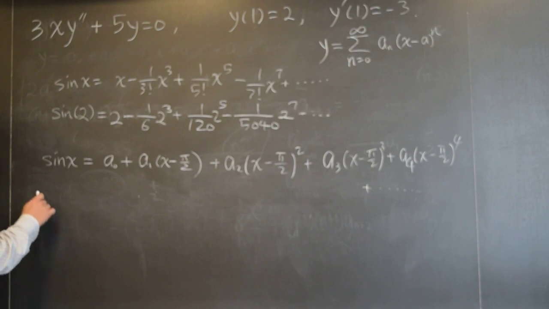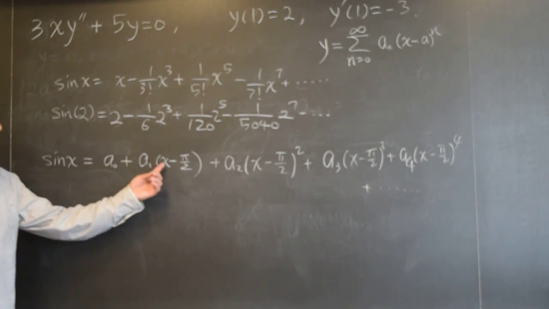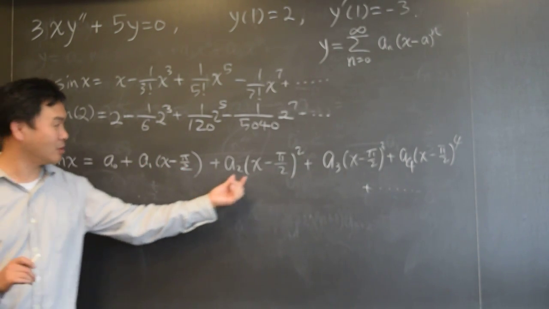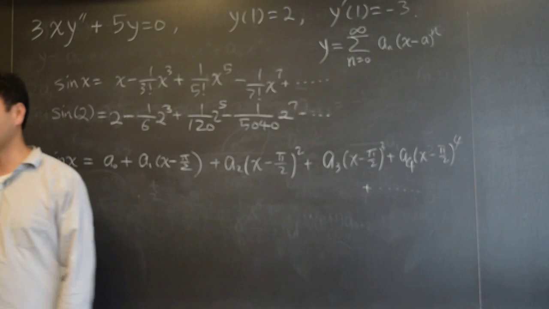Okay, all right. So first, how do you find a0? When x equals 0? No, if you put x equal to 0, this doesn't die out. It's negative pi over 2 times a1, this squared times a2, so that's not good.